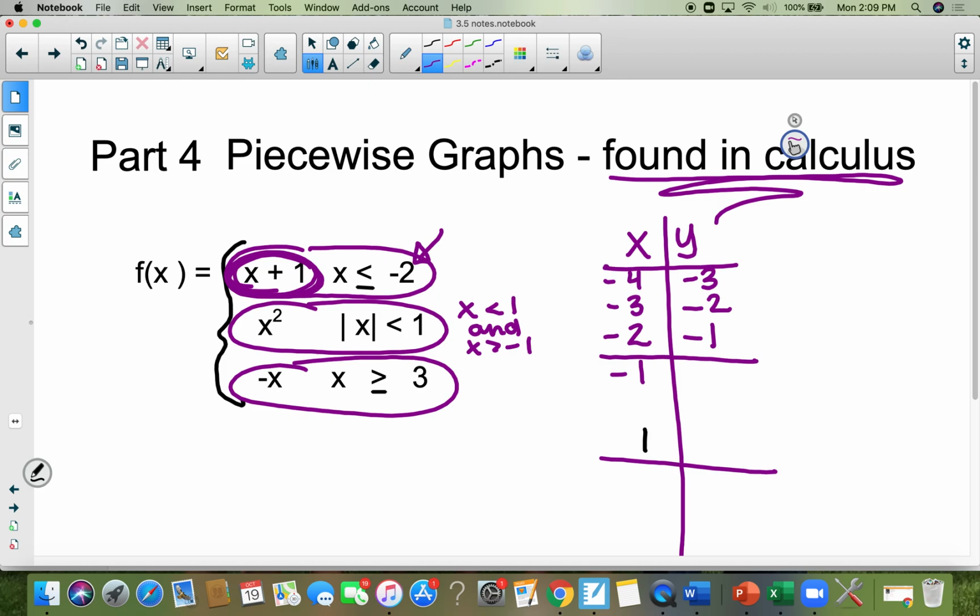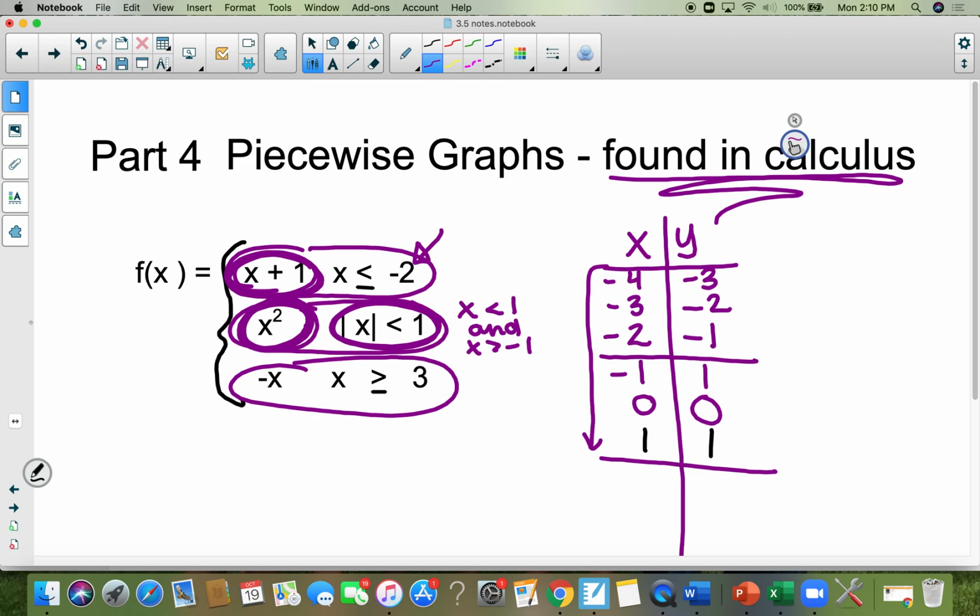Remember, your x values need to go in increasing order. So I know the -1 goes there, and +1 goes there, and I want 3 points. So I'm going to put 0 in the middle, and I'm going to put -1 into this equation, and I'm going to get +1. I'm going to plug 0 in and get 0, and I'm going to put a 1 up there and get 1.